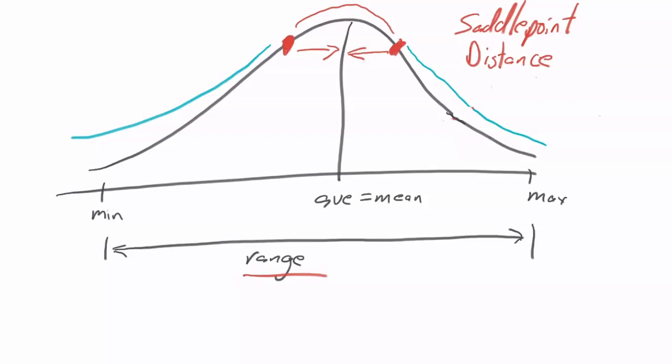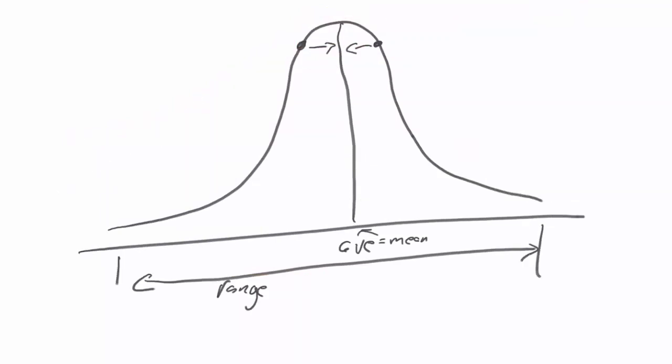So let me draw another bell-shaped curve. All right, in this next example, I've got a bell-shaped curve. I've drawn my saddle point, and I've measured the distance to the middle. And what I want to do next is draw another bell-shaped curve, this one a little bit fatter.